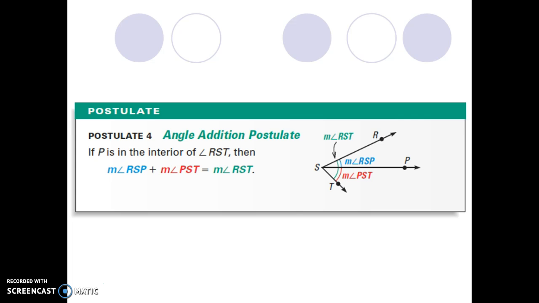For instance, if the measure of this angle was 35 degrees and this angle were 60 degrees, then the whole thing together is 95. Or vice versa, if I told you the whole measure was 80 degrees and this piece was 30, you could assume this piece would be 50. Very similar to the segment addition postulate.